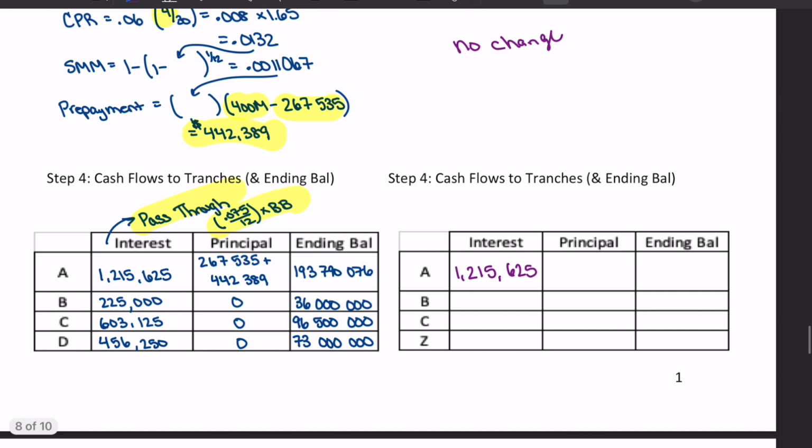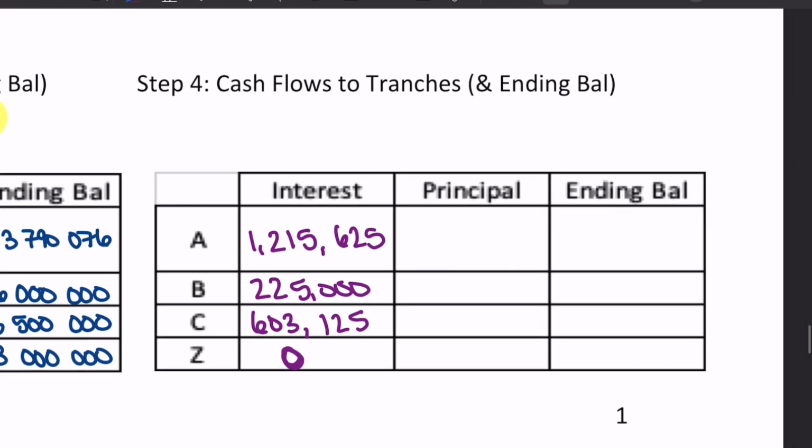So B, we end up with the $225,000, and C, the $603,125. Z is where it's different. So Z is going to get $0 in interest. Then for principal, first we're going to have the regular scheduled principal.